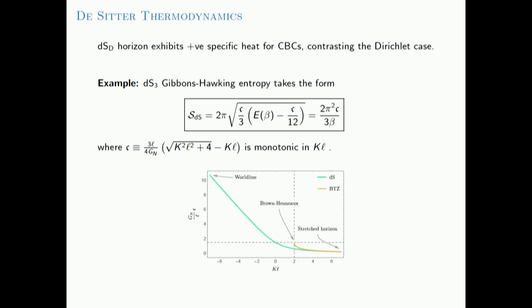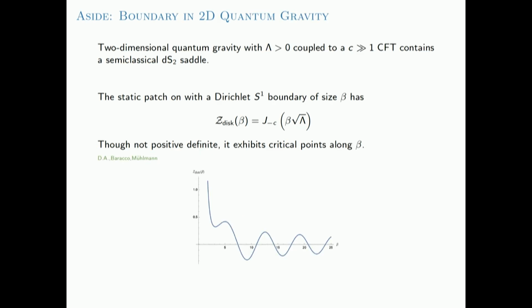And you can do the analogous calculation for BTZ, and you find here the analogous quantity C, which, when the wall becomes the AdS boundary, goes to the Brown-Henneaux central charge and then shrinks similarly toward the stretch horizon. So there are some interesting thermodynamic features.